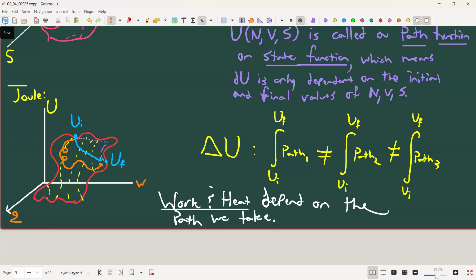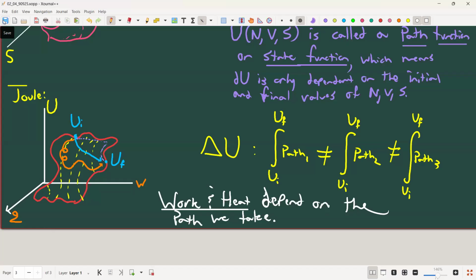So Gibbs's formulation is very, very useful for chemistry, because we want something to be path independent since we can't observe the path. We have no knowledge of the path, or it's very hard to determine it. So we want some sort of framework to analyze our reaction that allows us to not worry about what's going on in the middle. That's what Gibbs gives us.